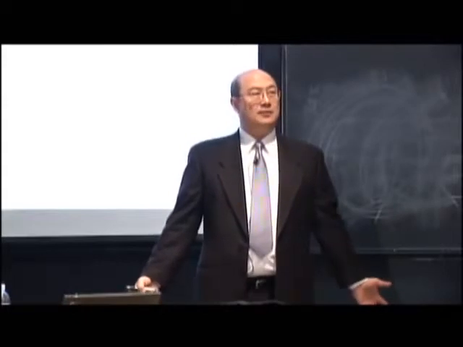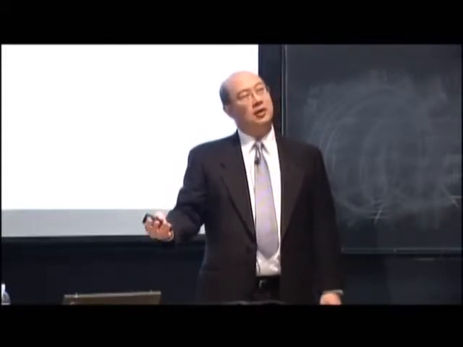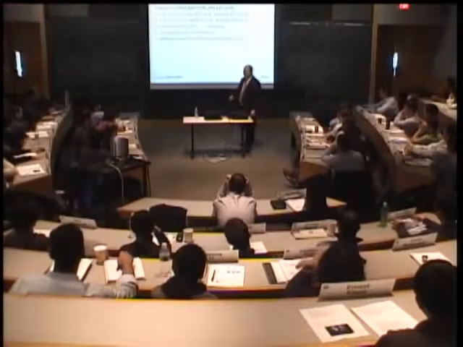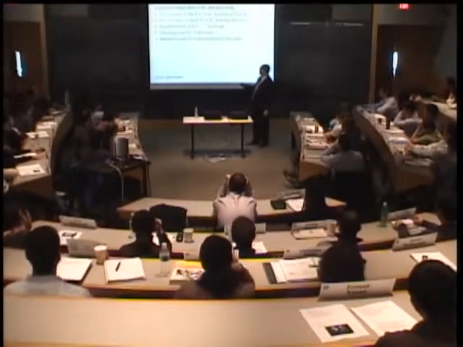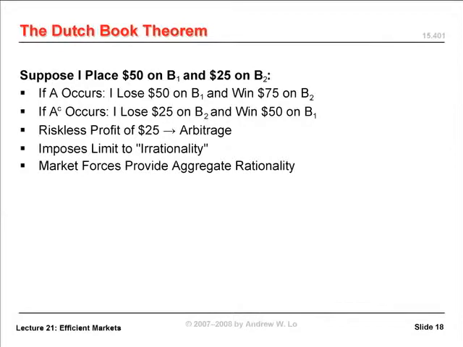And you know what that is? It's when the probabilities sum to 1. So the point is that there's a limit to how irrational you can get, because as long as I'm there to take advantage of you, I'm simply going to pump money out of you until you cry uncle, until you change your beliefs.